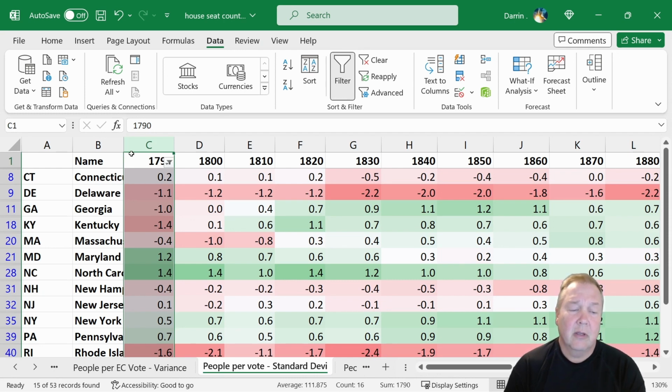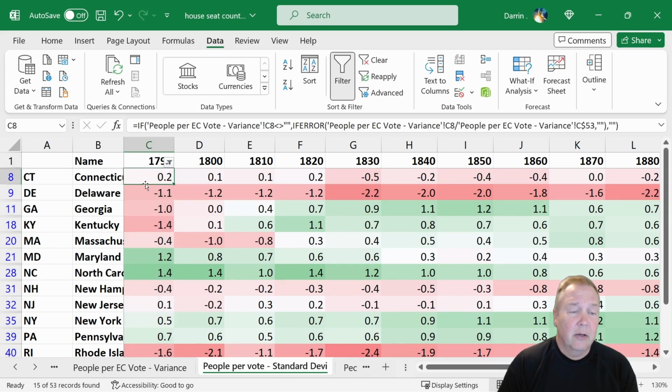So what you're looking at here is the standard deviation difference, which is just how far from the average you are relative to the population. If you look at somebody like Connecticut and Massachusetts and New Hampshire and New Jersey, they're really close.